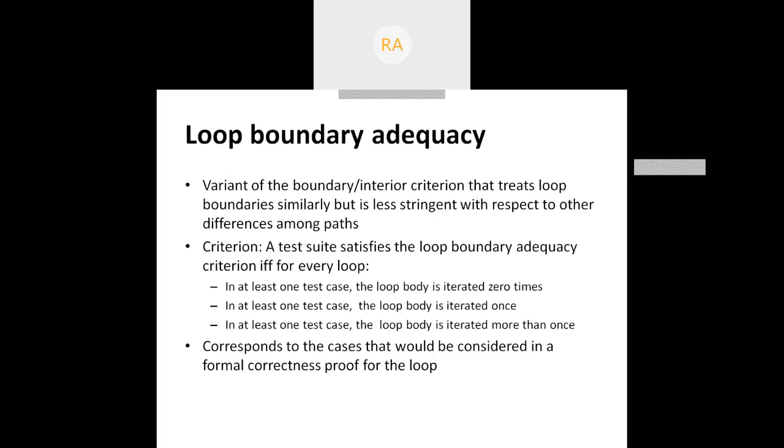You have to take care of three things and test these three scenarios whenever you generate a test suite. First and foremost, there should be at least one test case in the test suite which will check whether the loop body is iterated zero number of times.